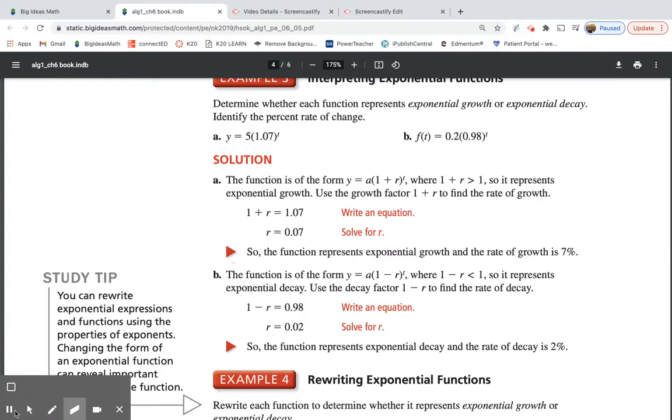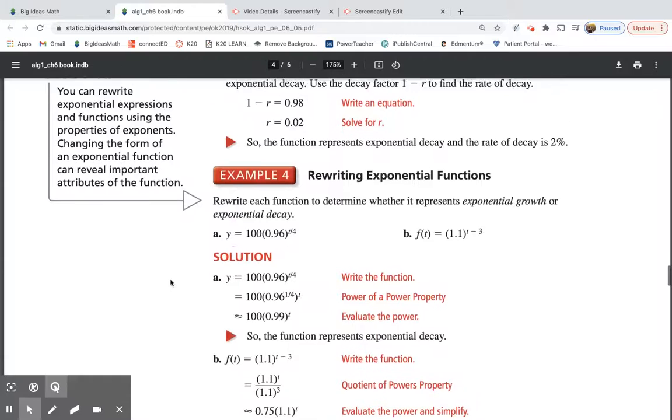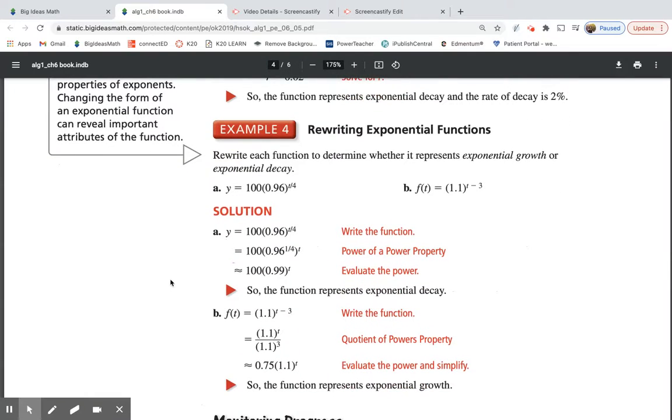Okay, now let's look at the next example. Rewriting exponential functions. We have to rewrite it to then determine if it is exponential growth or exponential decay, because if you notice, it's got more going on up here than just t. So we have to rearrange it to get it to just the t power, so then we can determine if it's growth or decay.